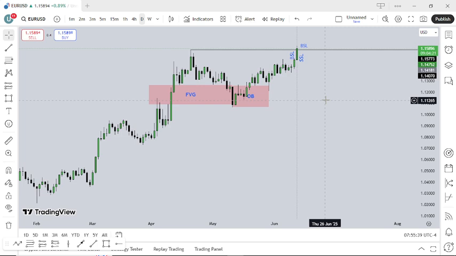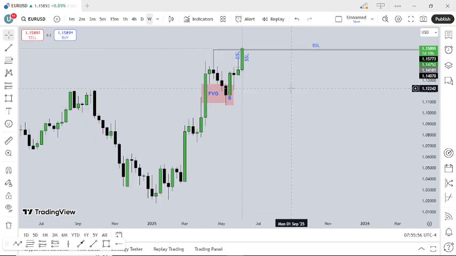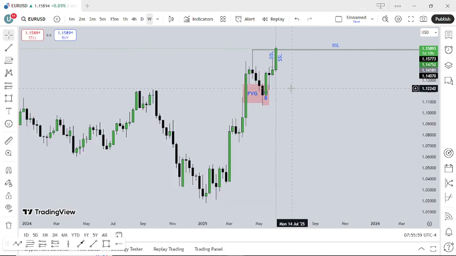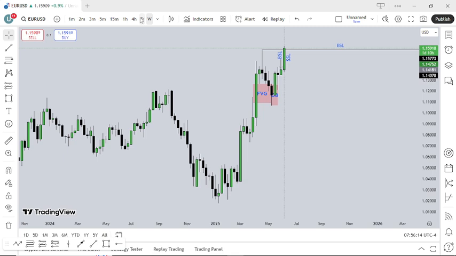So for now, we'll just wait to see what price will do next. Is it going to give us a shift from this point to target these lows, or is it going to continue going to the upside? For now, we'll just do nothing. Remember, it's not good to chase price. We allow price to show us what it wants to do. As this buy side liquidity has now been taken out, we'll have to wait and see what price wants to do next.